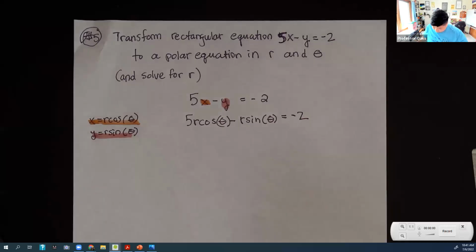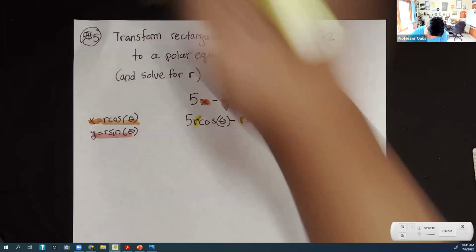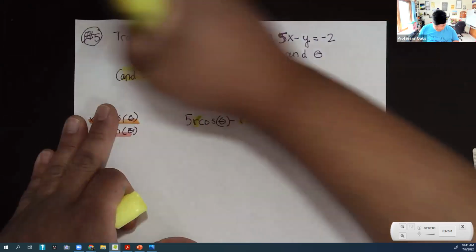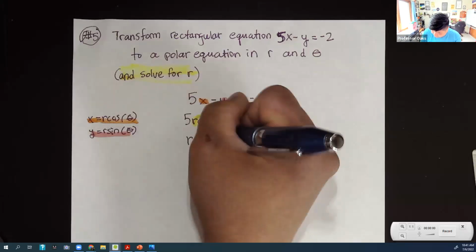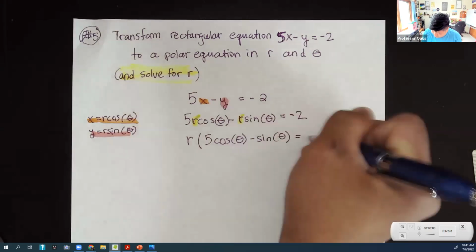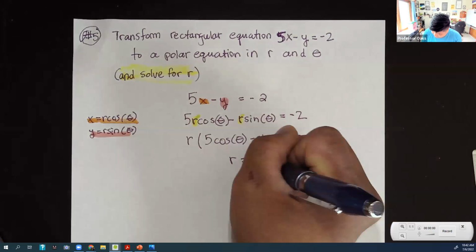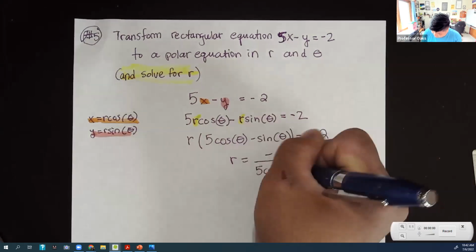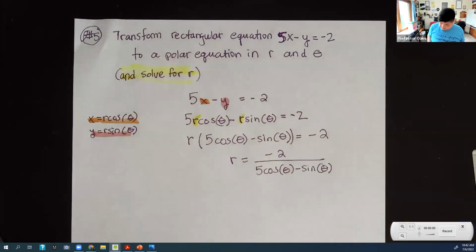Since you want to solve for r, just factor out the r. Then you have r times (5 cosine of theta minus sine of theta) equals -2. Then divide by 5 cosine of theta minus sine of theta. So that would be number 5.